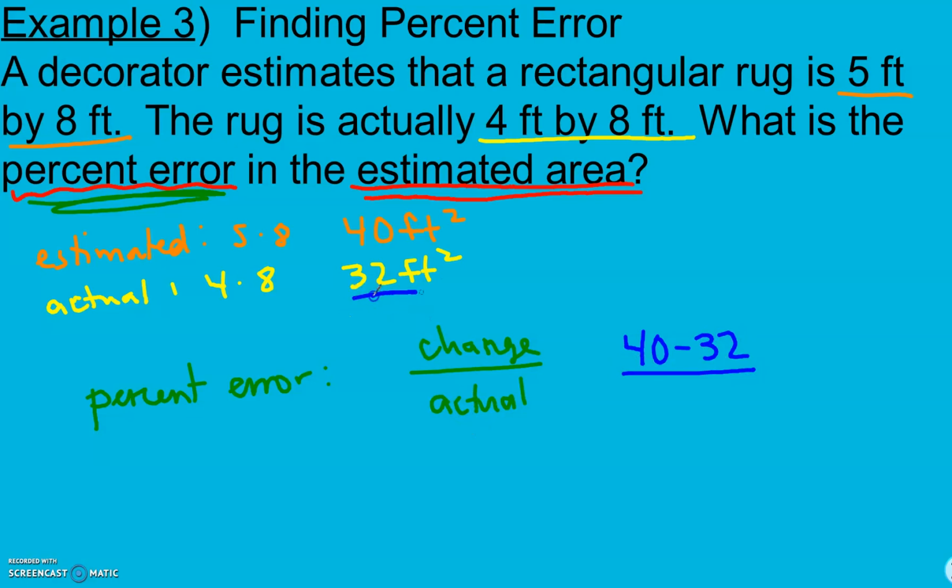And our actual is 32. Here, I can subtract 8 over 32, which simplifies to 0.25. We want this as a percent error, so I move it 2 places to put my percent sign there. So 25% error.